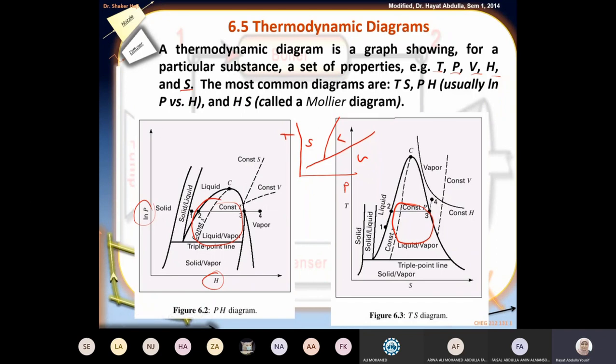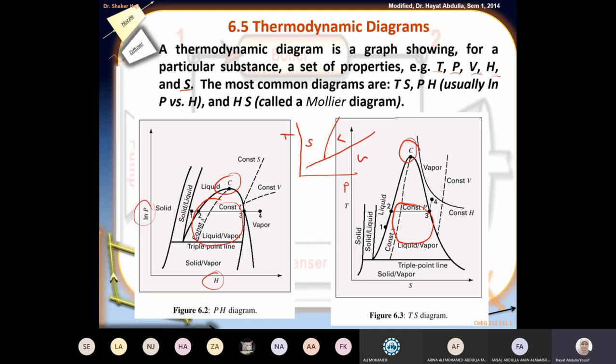Another thing, you notice that with the TV diagram and PV diagram, the mixture region or the 2-phase region is represented by an area. Same thing with the critical point. Make sure that you know the critical location here, where the left side of the critical point shows the saturated liquid region, while the right side represents the saturated vapor region. And I already mentioned that before.